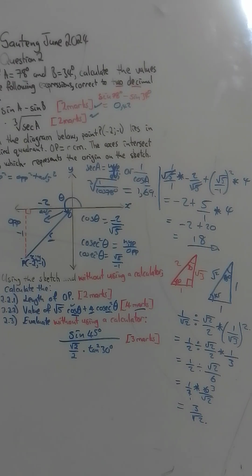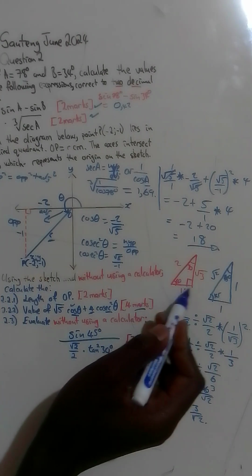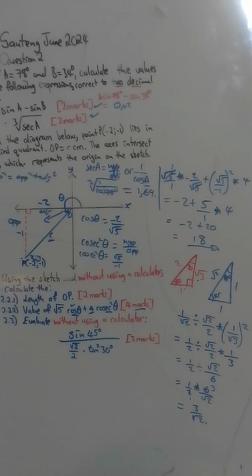And just like that, I have found my answer, right? Yes. 3 over square root of 2 is the final answer. And then we are done, right? Because they had said tan 30 is opposite over adjacent.